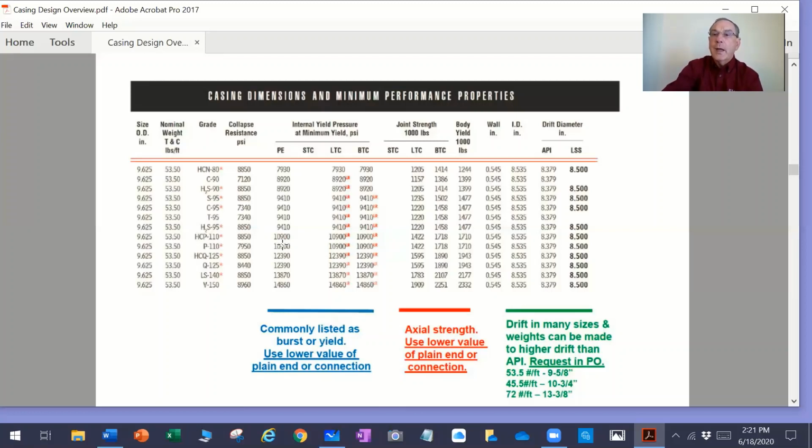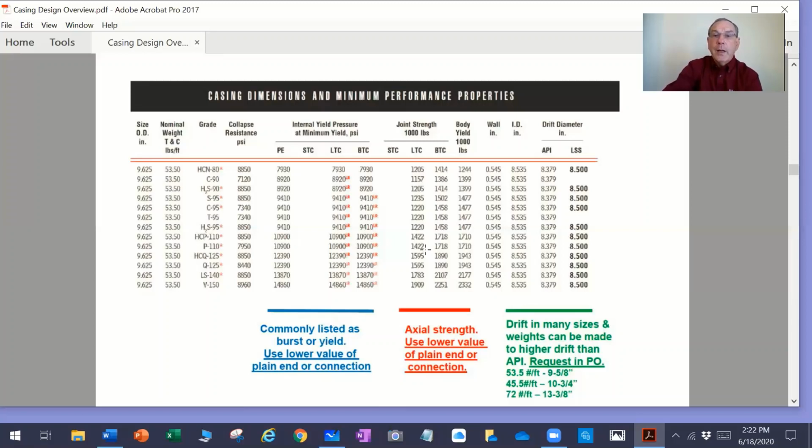If your connection is rated to a lower pressure than the plain end pipe, you need to use the rating of the connection. Sometimes it's the other way around, and the plain end pipe has a lower rating than the connections.